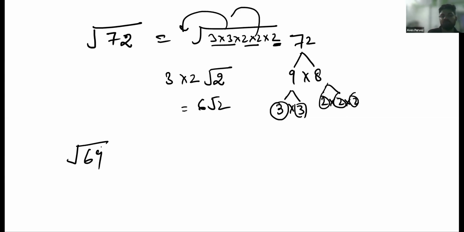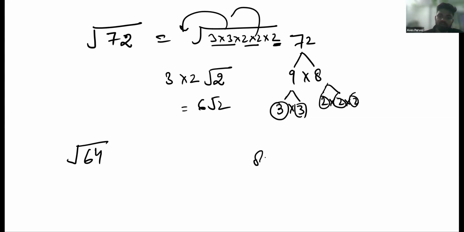Let me write 64. If a number is written as root 64, then what value is it going to have? Eight eights are 64.